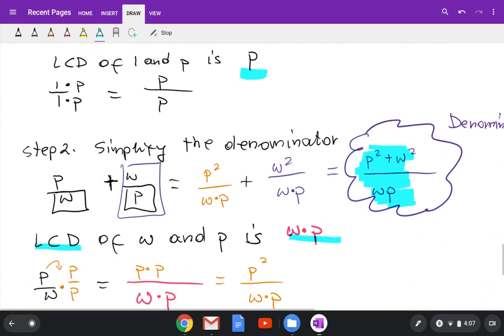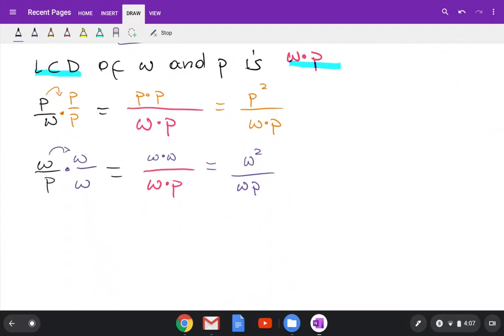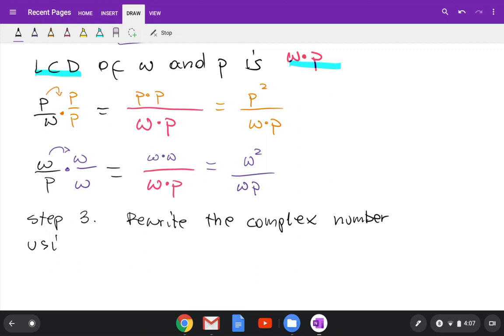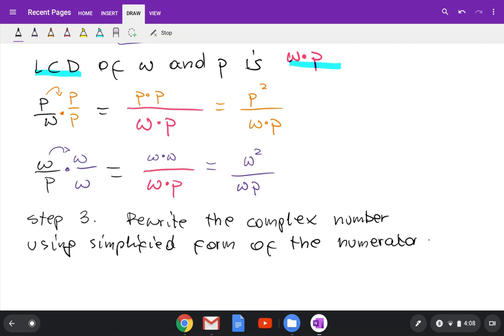So now we'll apply keep, change, flip. Step 3, rewrite the complex fraction using the simplified form of the numerator and denominator.